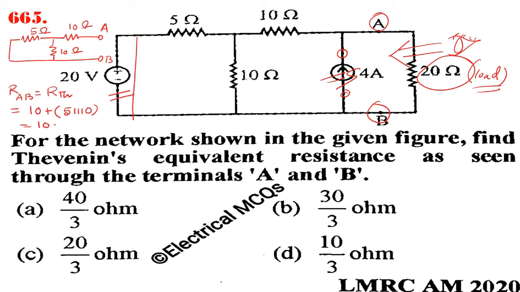That means 10 plus 5 into 10 divided by 5 plus 10, which will lead to 10 plus 50 by 15. That means this will be 10 plus 10 by 3, that will be equal to 30 plus 10 by 3, that means 40 by 3. That is the Thevenin equivalent resistance for the given circuit when we are looking back from the terminal AB. So option A will be here the correct answer.